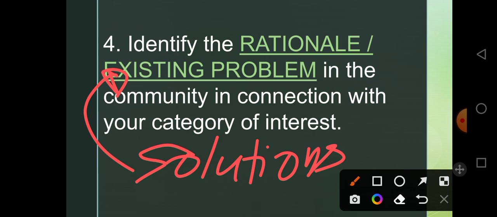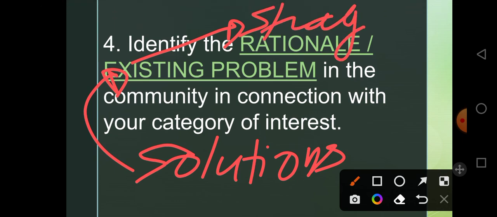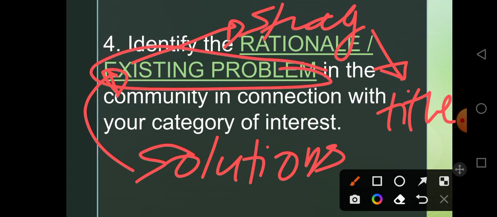And of course, we can provide a solution by conducting a study. Okay? And every study has its own research title. So class, meaning to say, after identifying the research problem or the rationale, we are now ready to write our research title. And that will be the main concern of our next video presentation.